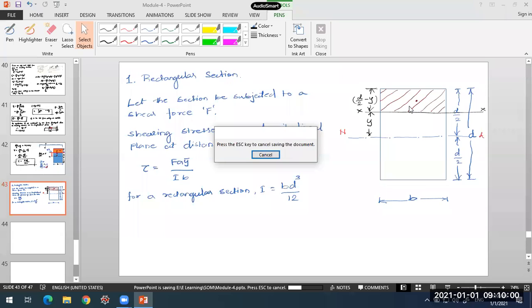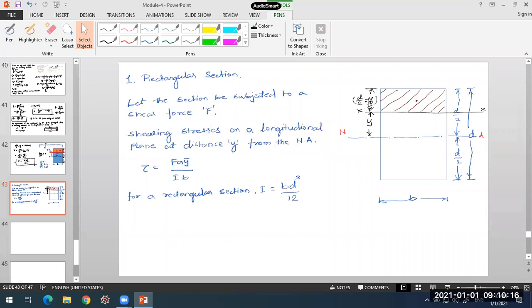From the neutral axis, the section is considered at a distance y, and the neutral axis is at d by 2 from the top edge. So this depth will be d by 2 minus y.